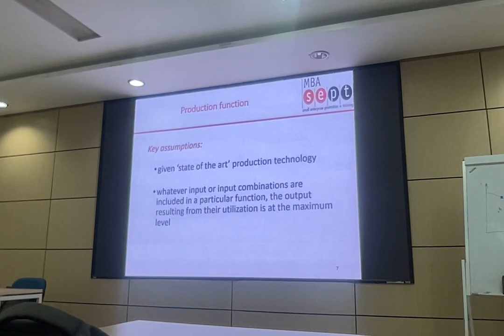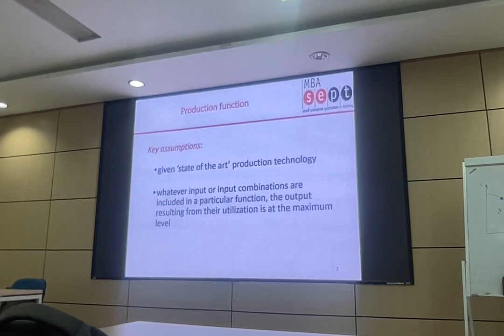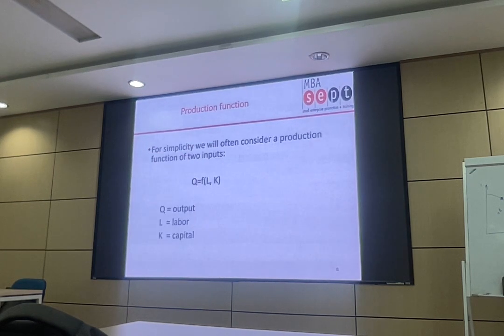It means all the inputs are used at the highest level of effectiveness, so nothing is wasted or useless here. The term for this is the full employment situation of the inputs. That's the assumption. And for simplicity, we often consider a production consisting of two main inputs, capital and labor.